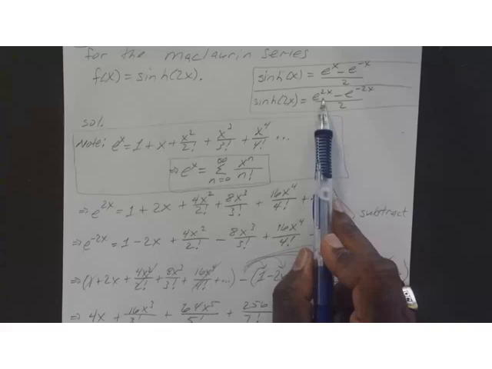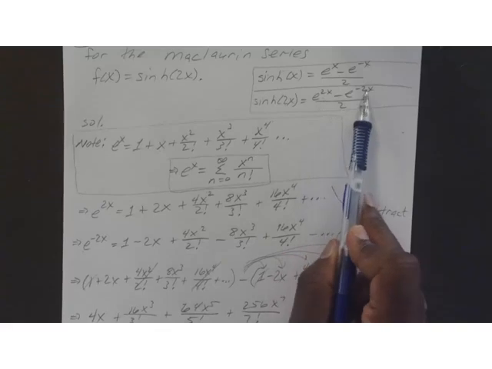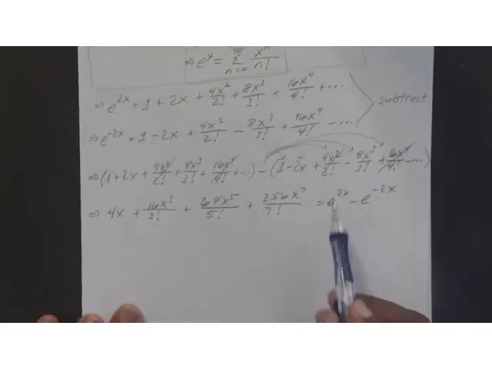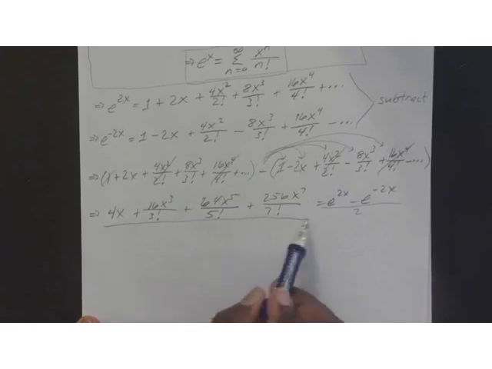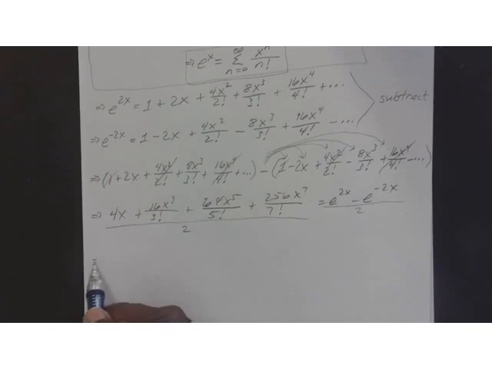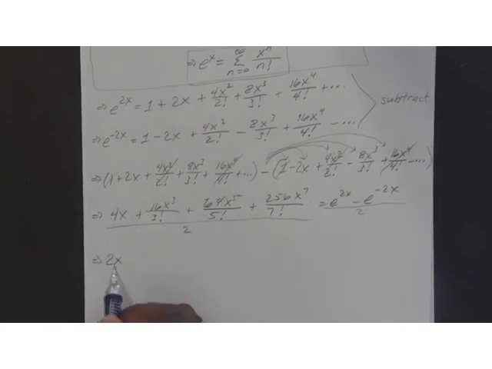Okay, but we know that our hyperbolic sine of 2x is e to the power of 2x minus e to the power of negative 2x divided by 2. So we're going to divide this by 2, and we can go ahead and divide all of that by 2 in one swoop. Okay, so 4x divided by 2 gives us 2x.